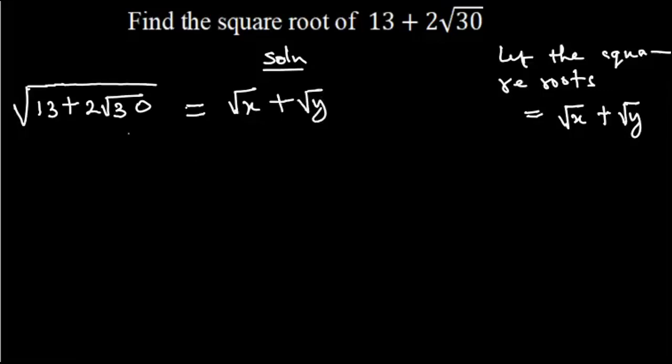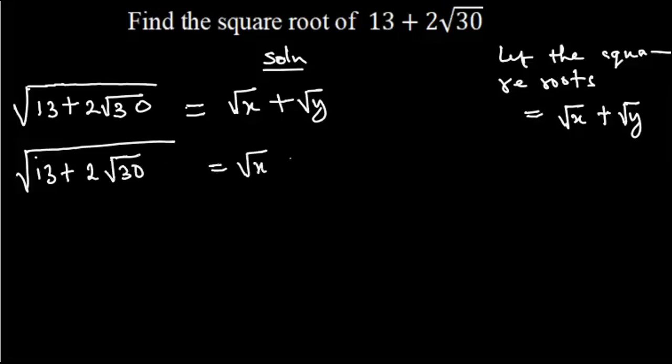Now, by the law of indices, to remove this whole square root sign, you must take the square on both sides. So like this, we'll have the square root of 13 plus 2 root 30 equals the root of x plus the root of y.